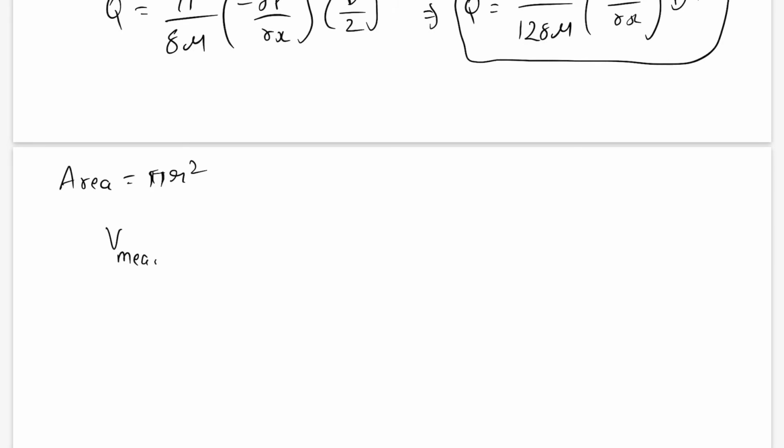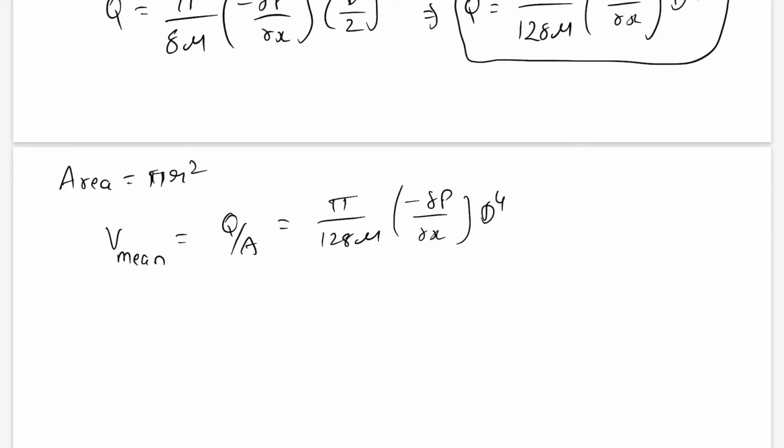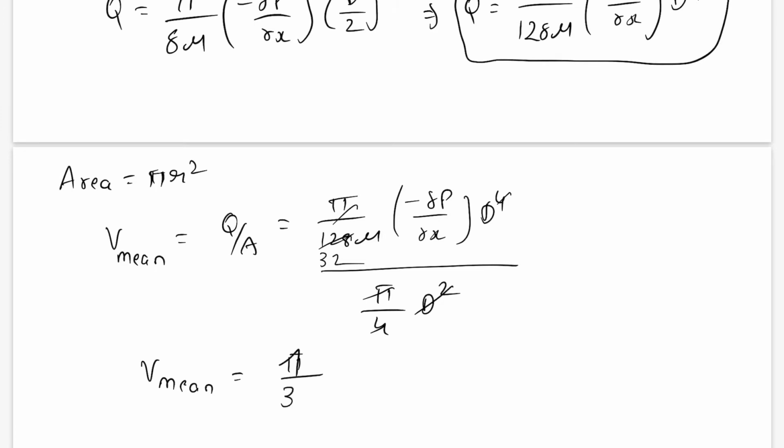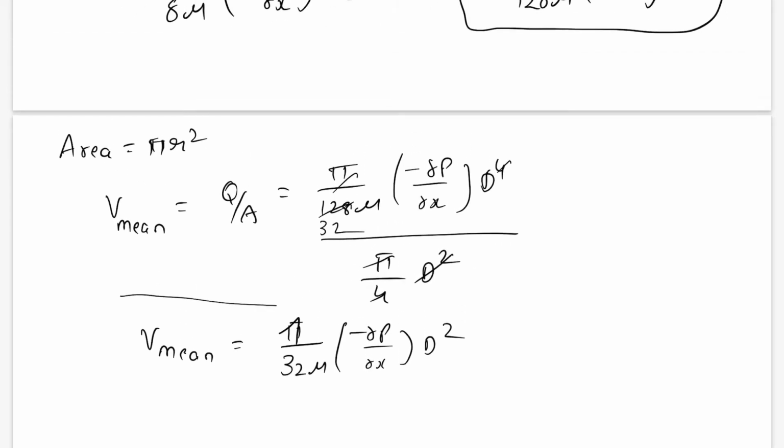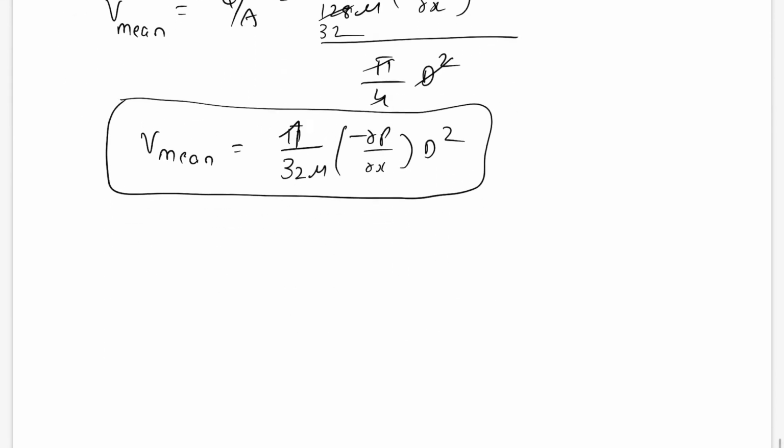Now v mean is equal to q by A. We'll substitute this pi by 128 mu into minus dou p by dou x into d power 4, divided by pi by 4 d square. So v mean is equal to 1 by 32 mu into minus dou p by dou x into d square. This is v mean.